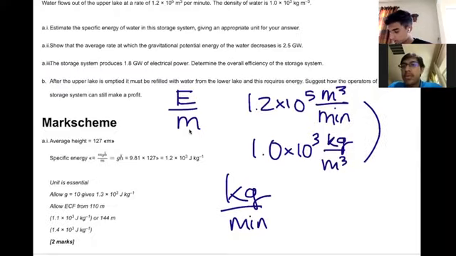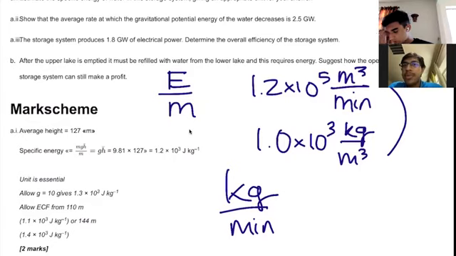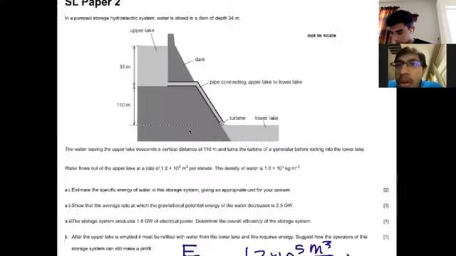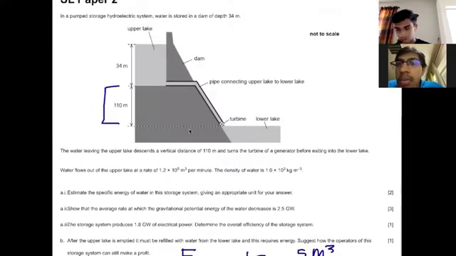But yes, so energy we find using mgh. So what's the height that it falls? Can we go back to the diagram? It falls 110 plus 17, right? Because all the water falls 110, but the average height for the 34 is 17, right?